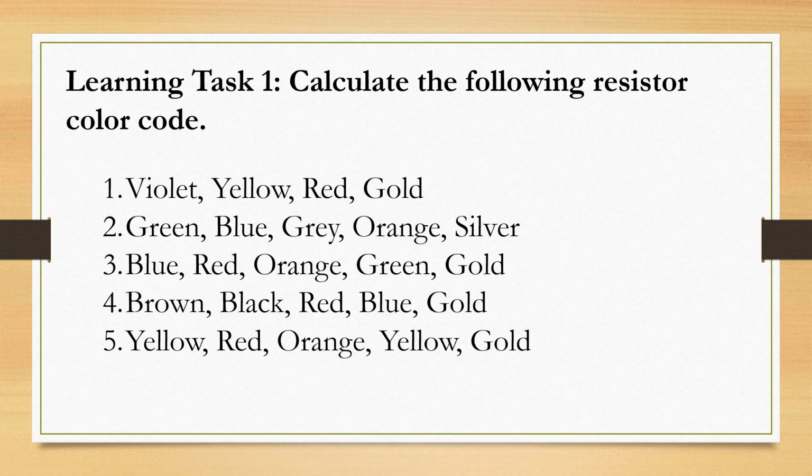For number 2, you have green, blue, gray. So you have 3 color bands. The orange will be your multiplier and silver is your tolerance. For blue, red, orange, again you have 3 bands, and green is your multiplier while gold is your tolerance.